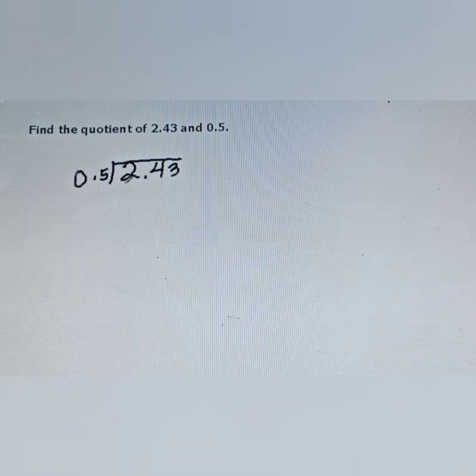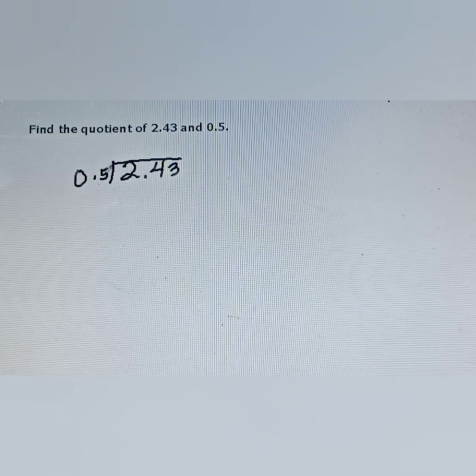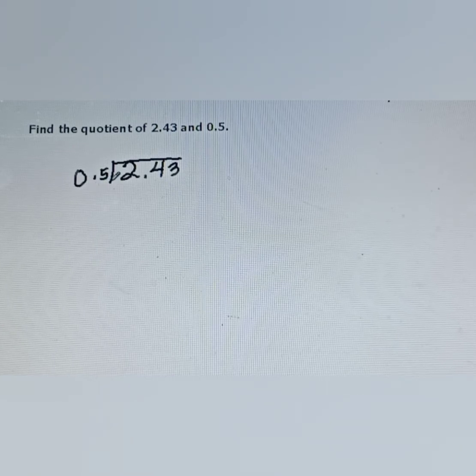So how do we divide a decimal by a decimal? Are we going to bring up right away the decimal point? No. If the divisor here is a decimal number, you have to change that first to a whole number before you can divide. So how will you change this to a whole number?